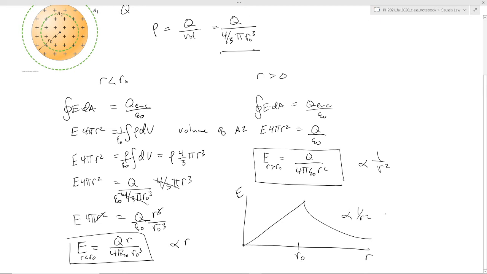And the maximum value that it's going to attain, when r equals r naught, is Q, where the r naught cancels, over 4 pi epsilon naught r naught squared.